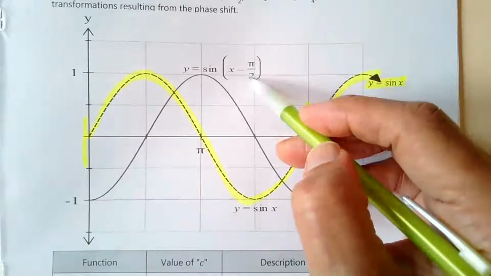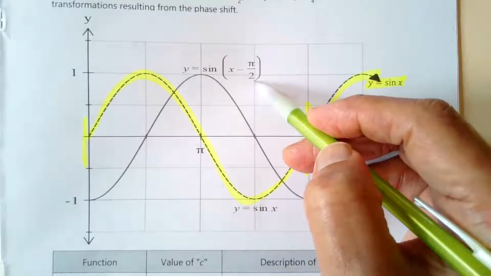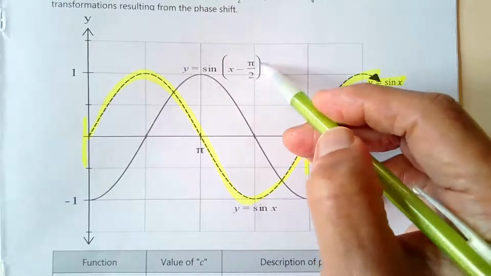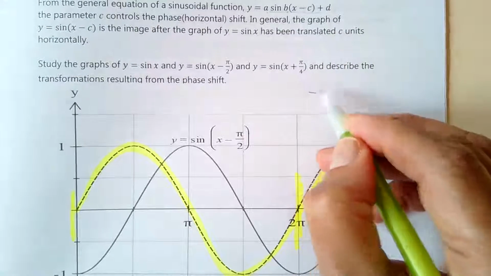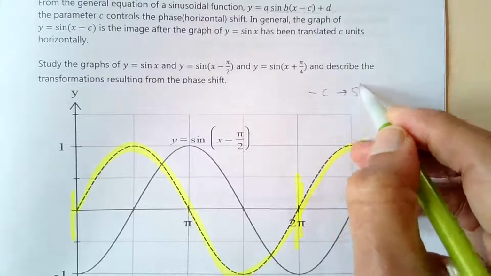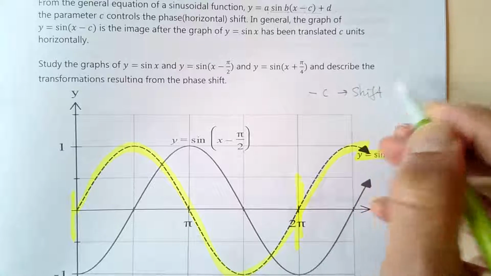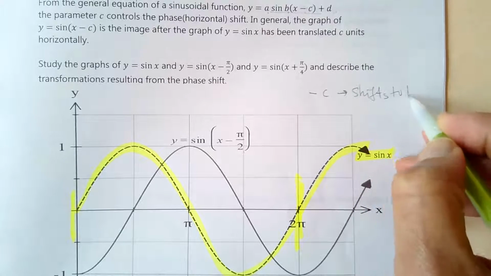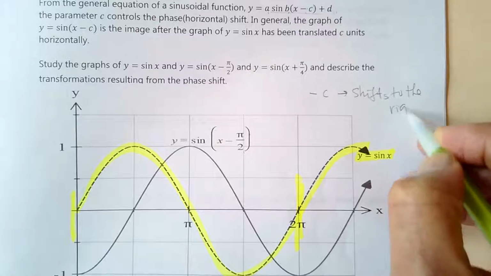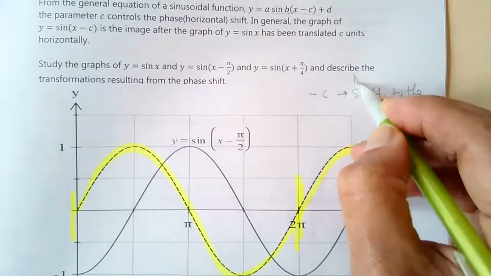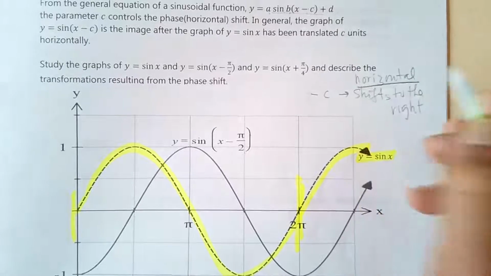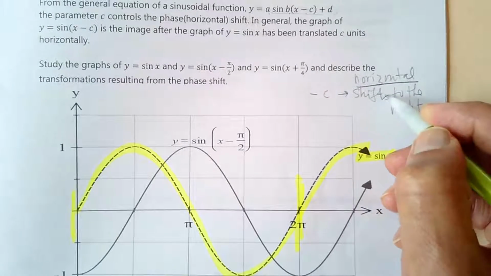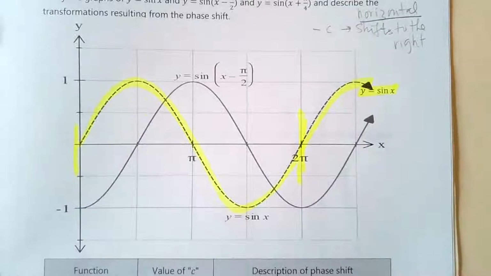It says here a negative pi over 2. In other words, this graph shifts to the right. If c is negative, the horizontal shift is to the right. So the graph shifts to the right.